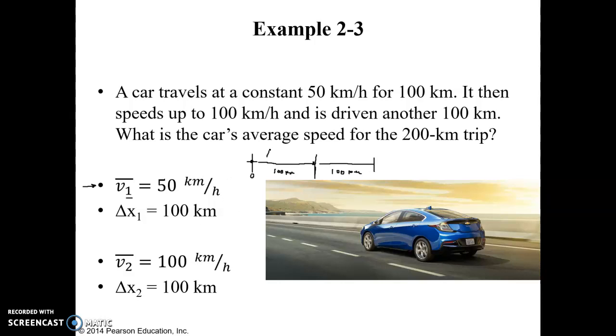So delta x1 is 100, and delta x2, the second change in distance, is also 100. What changes is the velocity. Average velocity 2 is 100 kilometers per hour. So we've increased from 50 to 100.